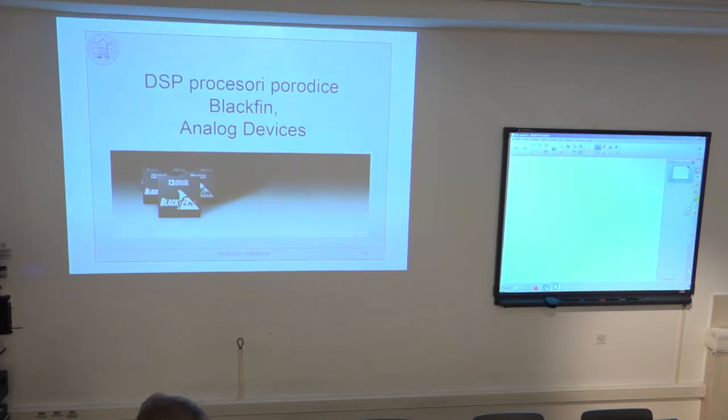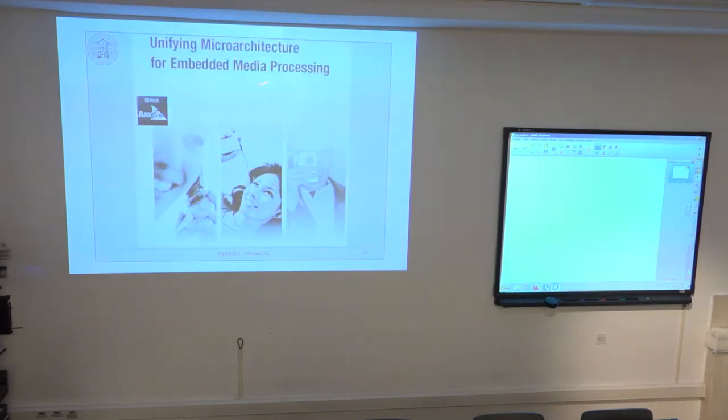So not having a dedicated CPU for the main processor and a dedicated CPU for the DSP, which are communicating with some kind of inefficient communication channel that has bottlenecks. Analog Devices decided that they would have this kind of unifying microarchitecture for embedded media processing. The main application domain was obviously, as shown here in this illustration, digital cameras, mobile phones and so on, for entertainment purposes.